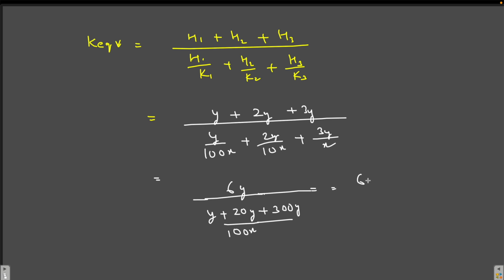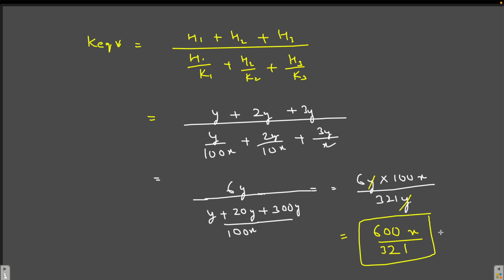It is 6y into 100x by 300 plus 20 plus 1, that is 321y. Now this y and y will get cancelled out, and we will be left with 600x by 321. So this is our K equivalent for vertical.